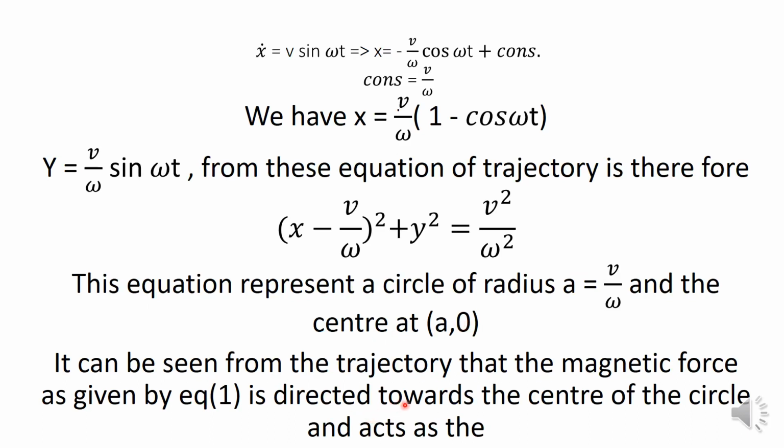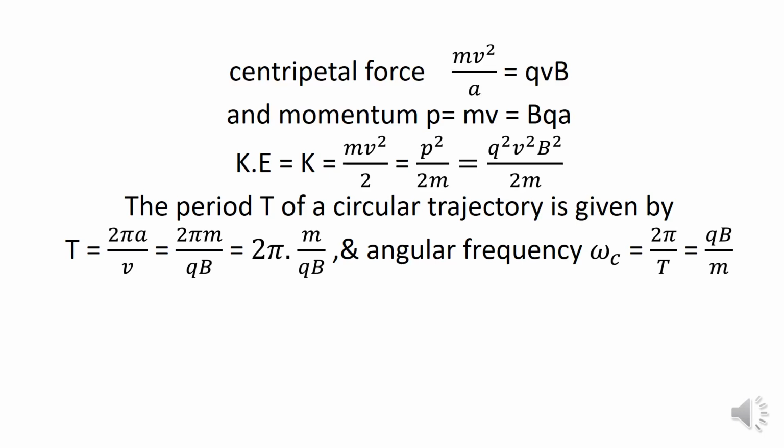It can be seen from the trajectory that the magnetic force, as given in equation 1, is directed towards the center of the circle and acts as a centripetal force, which is mv square by a is equal to qvb.